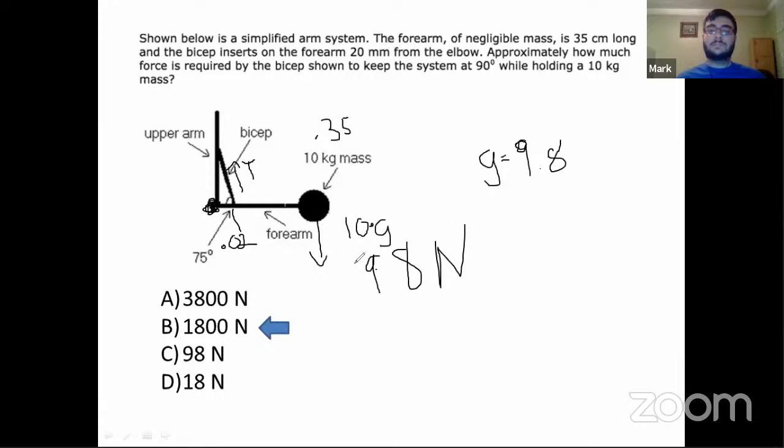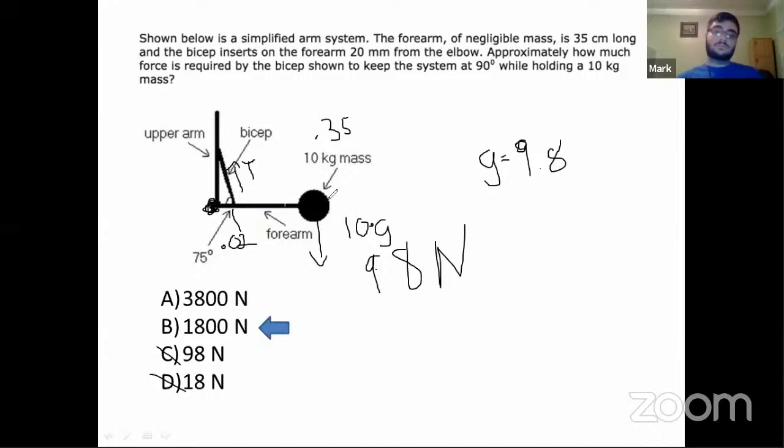Even before you begin to think about torque, you know that it can't be D or C, because as I mentioned, applying force close to the point of pivot is very difficult, and you need to apply way more force to get the same torque than if you were far away.